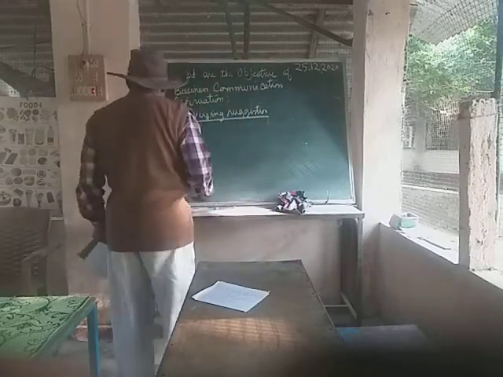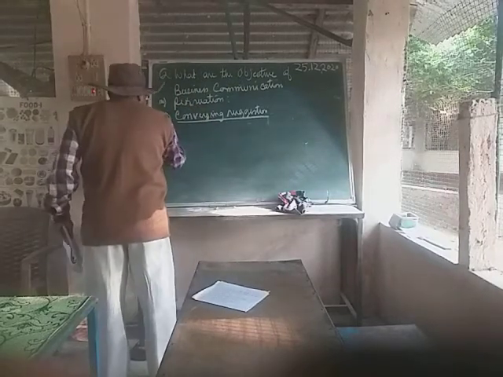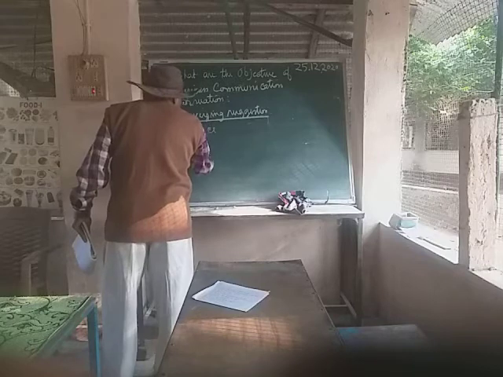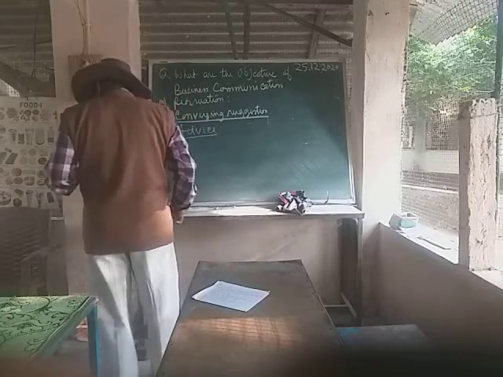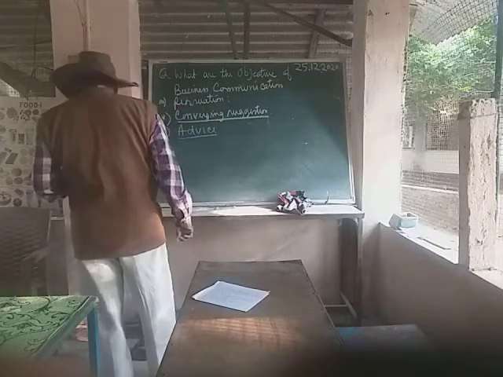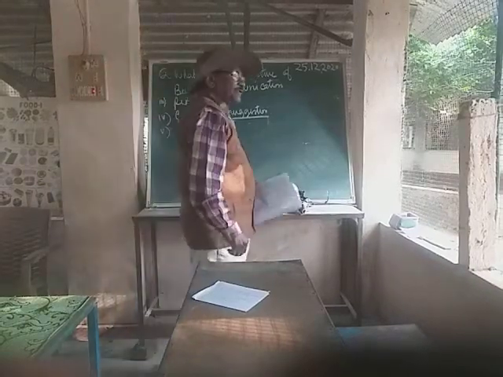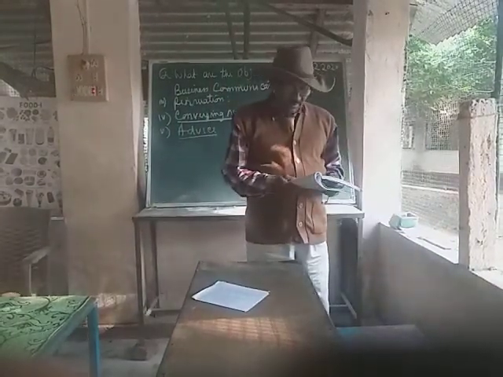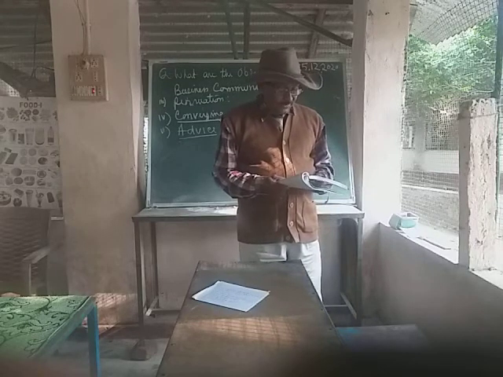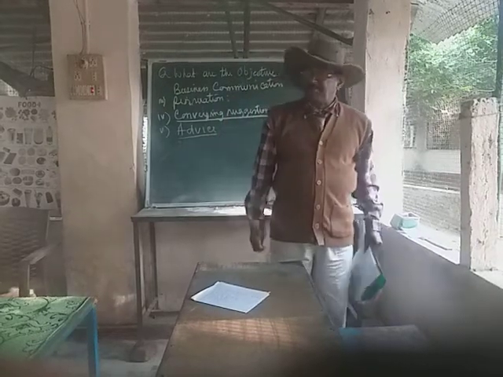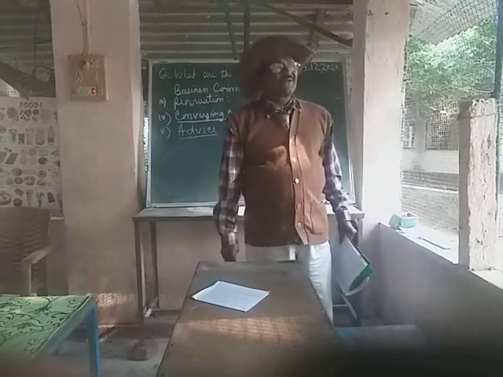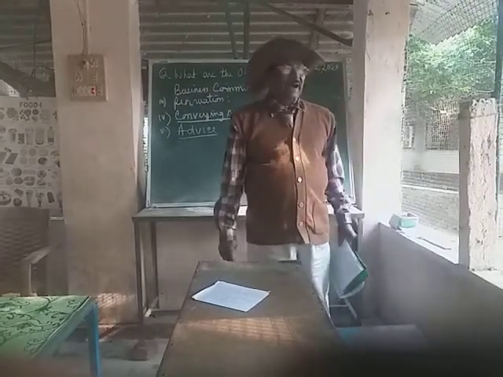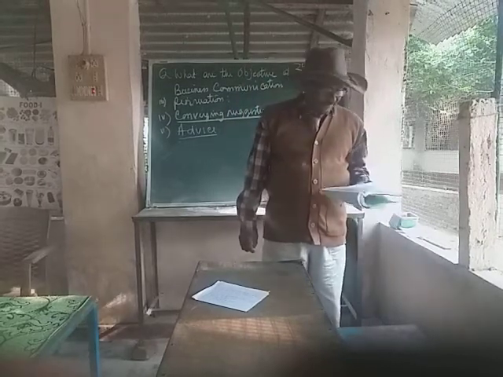Next, advice. Number 5, advice. It is one of the objectives of business communication, to advise an individual or a group of people. In the field of business, advice can be given either individually or jointly.